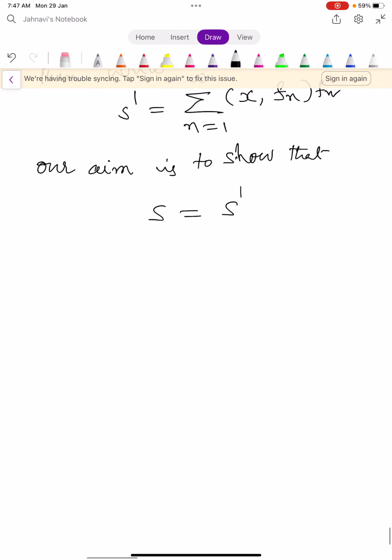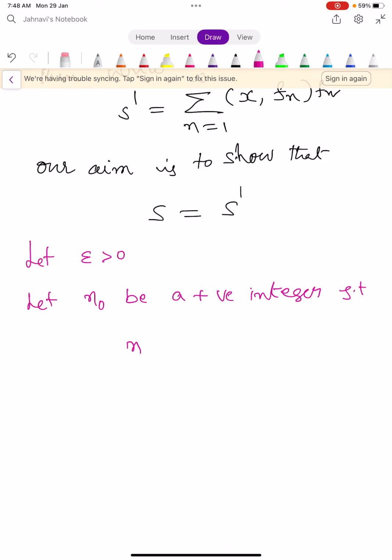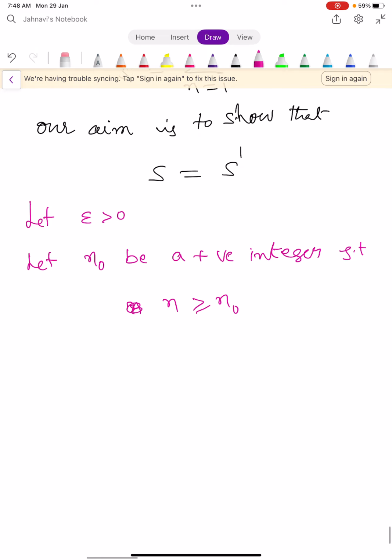So let us take epsilon greater than 0, and let n naught be a positive integer such that small n is greater than or equal to n naught.